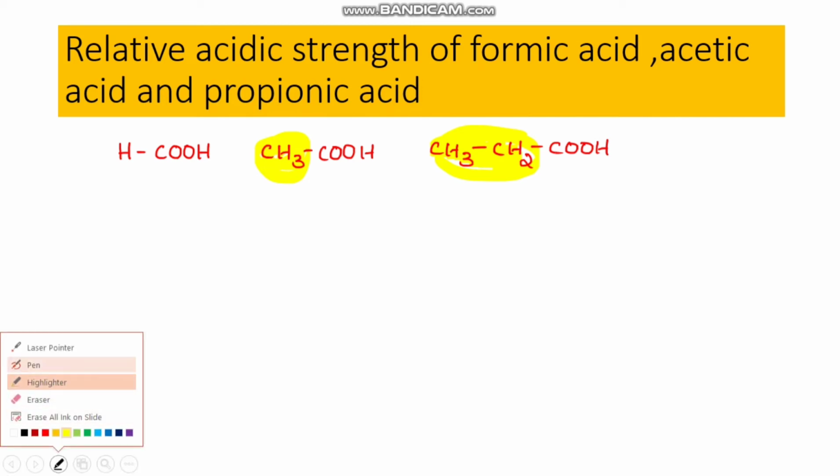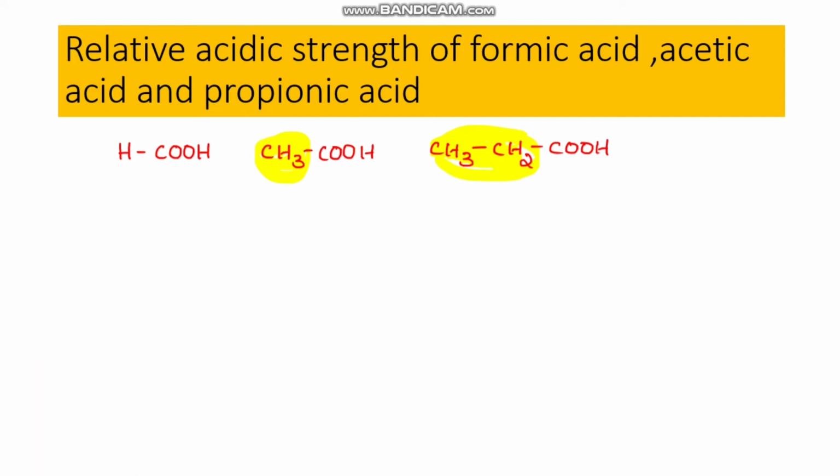Okay, so basically here formic acid will be more acidic, and when comparing the plus I effect of CH3 and CH3CH2, we know that this CH3 will be weaker. So acetic acid is the next stronger acid when compared to propionic acid, and this is the order of strength.